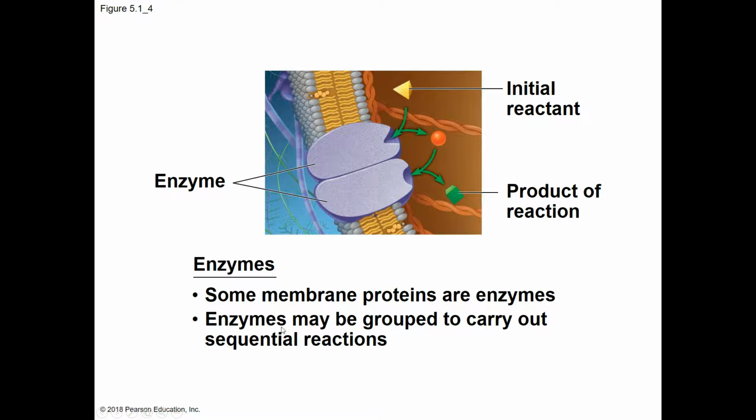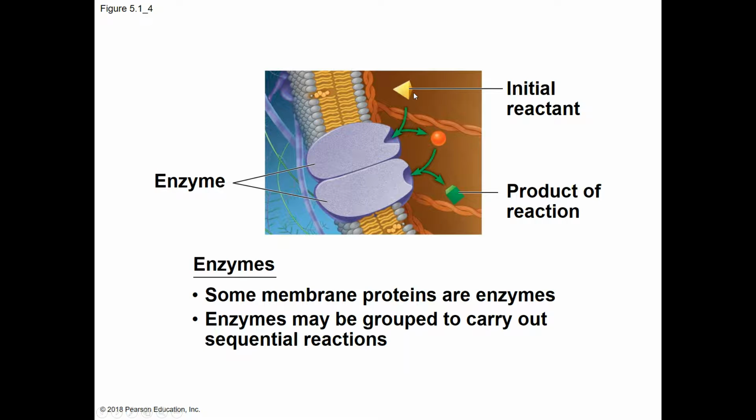So basically, they can be used back to back to do different types of reactions. So for these enzymes here, there's something that goes into it. We can call that the reactant. And you can see here that the product after this reaction is actually a reactant for the following reaction.